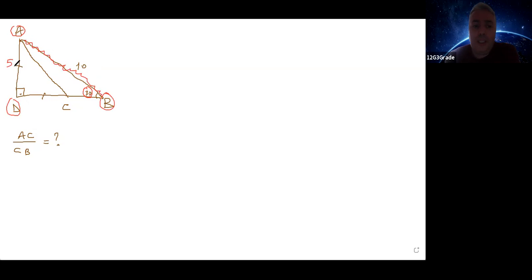The question says that these two sides are equal. So we found this is 5, this is 5, and then 90 degrees, 5, 5. This is 5 root 2. The reason is this property: x root 2.